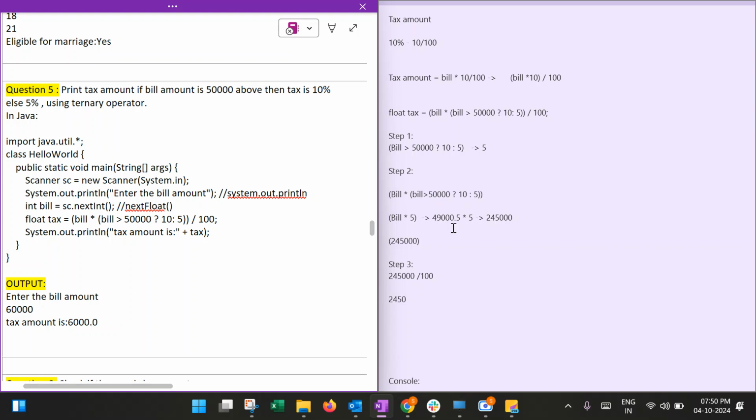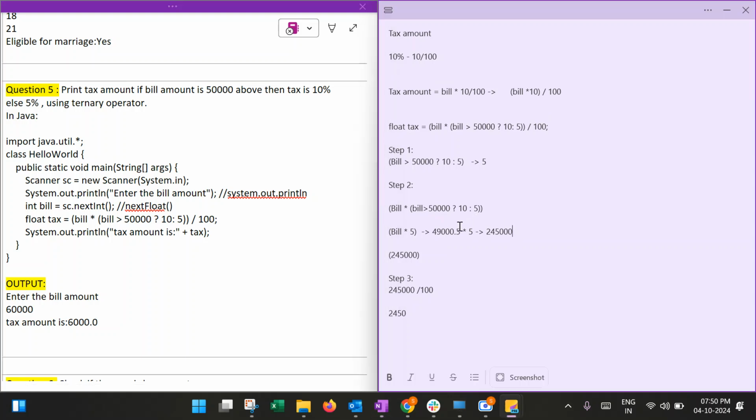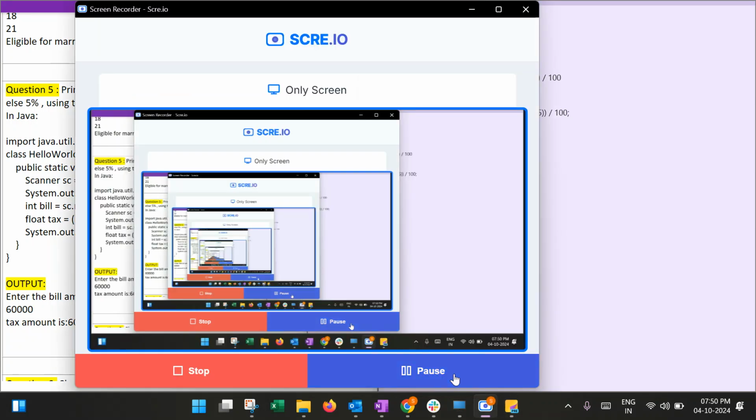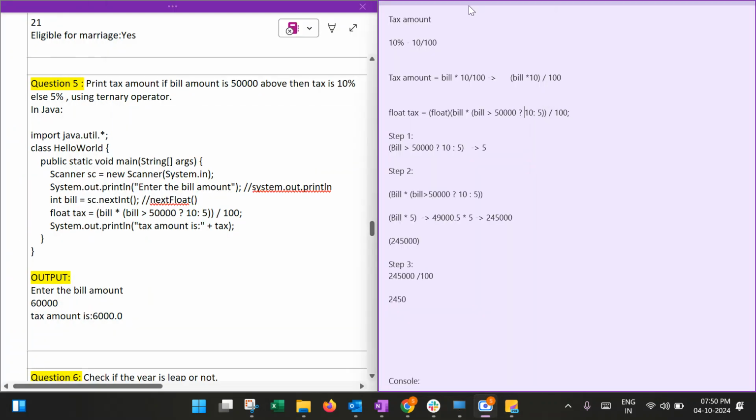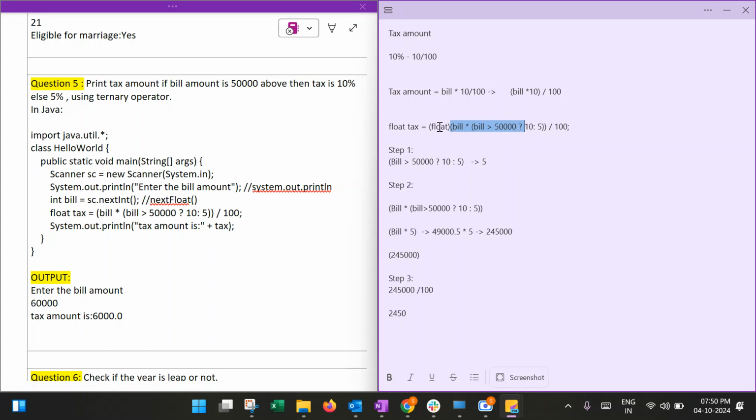Now, if we want the division value along with decimal points also, what do you have to do now? You just put float here.